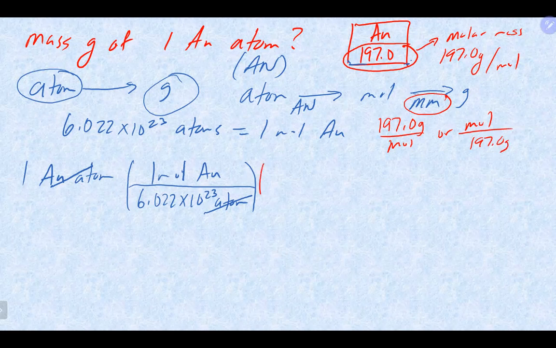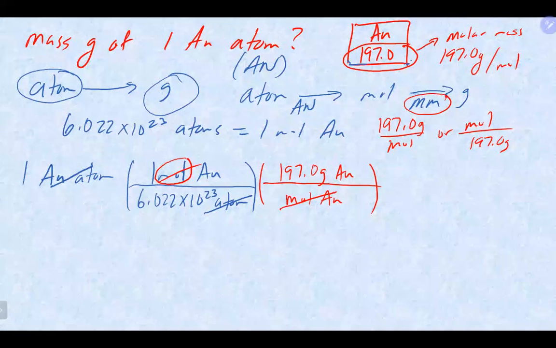If we continue on with our calculation, we have moles up on top, which means to cancel them, they need to go opposite. That would put our moles of gold on the bottom, our 197 grams up on top. The moles will cancel. Now we are left with grams, which is what we're looking for.